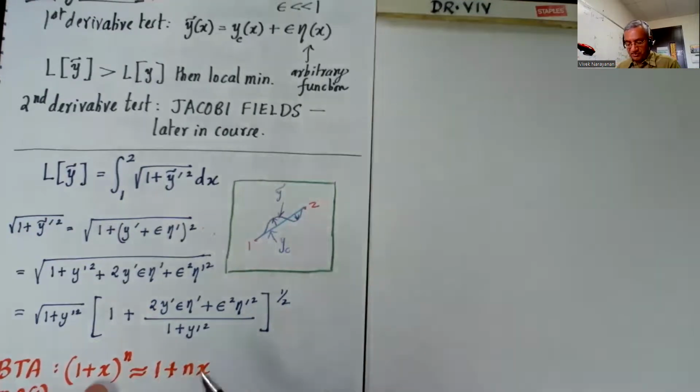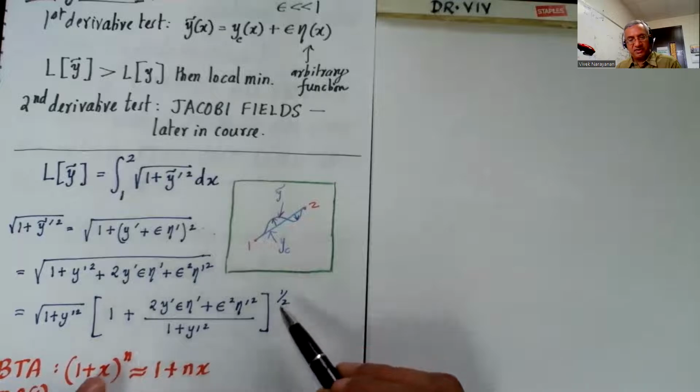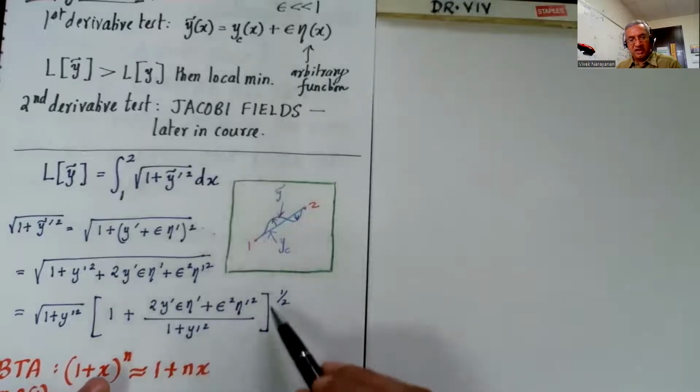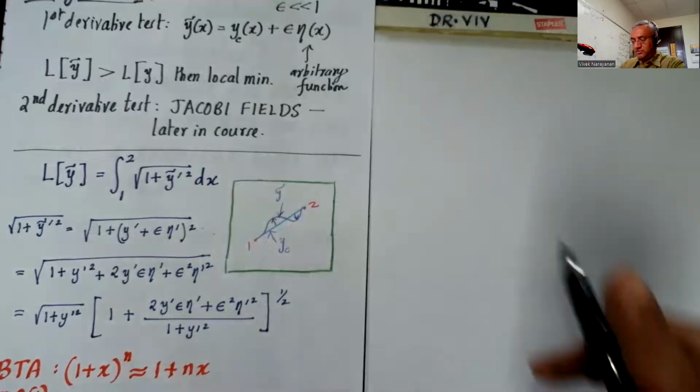My x is all of this. My n is half. Okay, that's 1 plus x to the power half. So I'm going to get 1 plus half x.